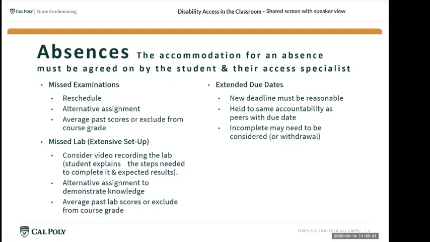There is a line between missing a reasonable amount of class and it becoming so excessive that a student really does need to withdraw from the term. With mental health, that can be a high likelihood during any given quarter. So we really can't make blanket statements for the students because every situation is so unique and different.